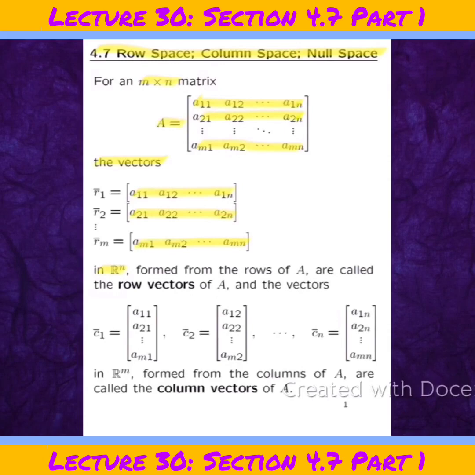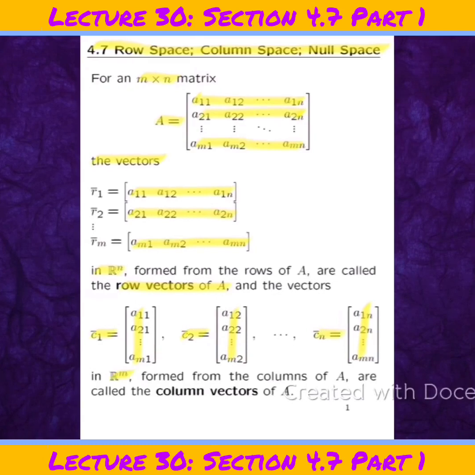So those are the row vectors of A. And again, the column vectors are just the vectors formed by taking the columns of the matrix A. There are n such columns, and each column vector is in Rm because there are m rows. All right.